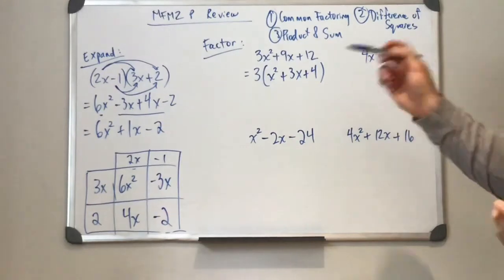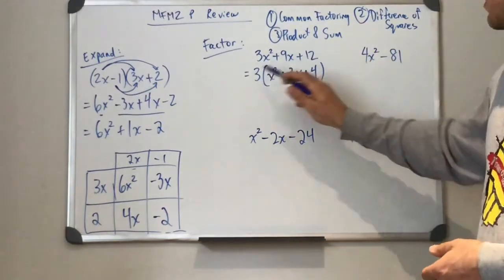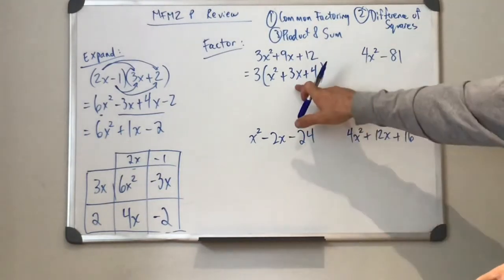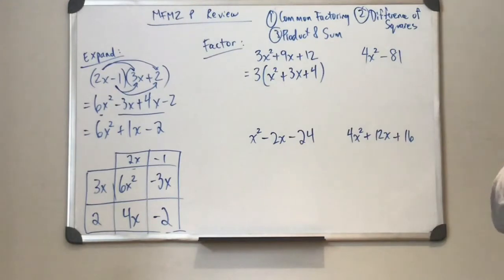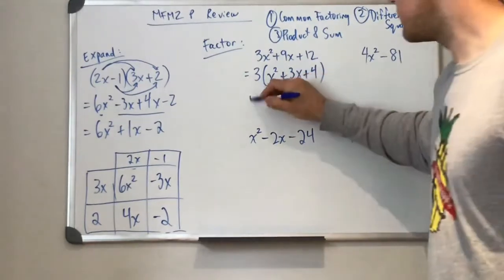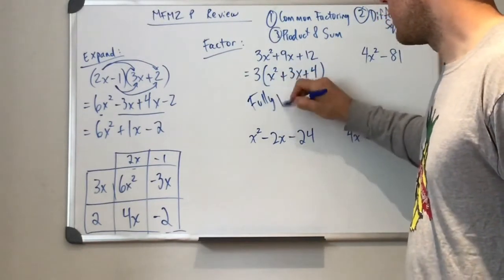We can quickly check if we did this right by multiplying everything by 3. Now, are there any numbers that add to 3 and multiply to 4? Well, we have 1 times 4 and 2 times 2. None of those add to 3. We're done. This is fully factored.